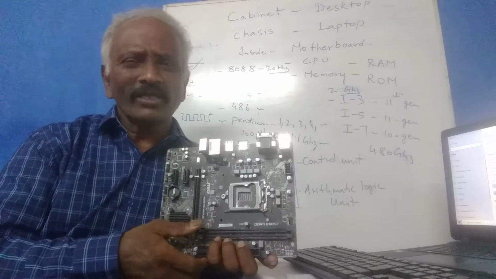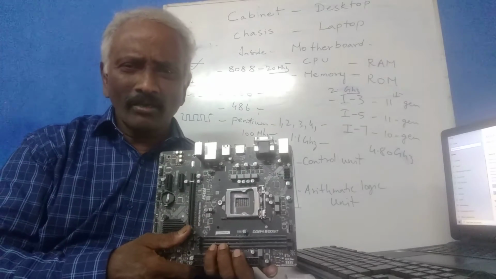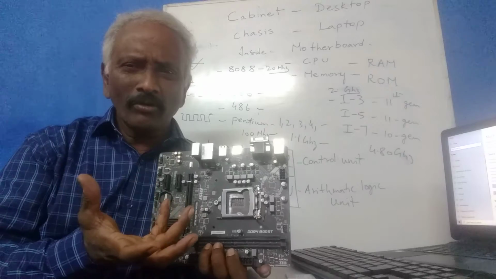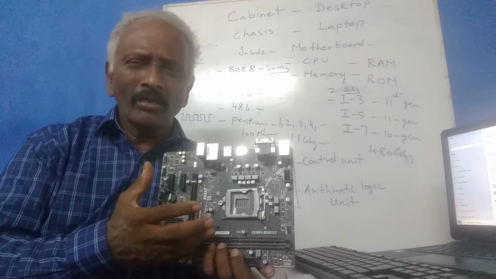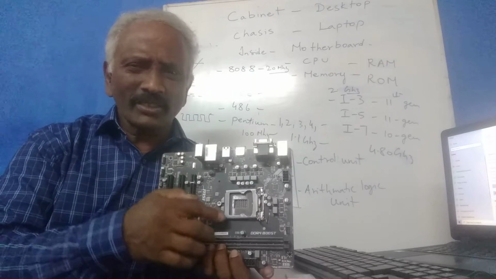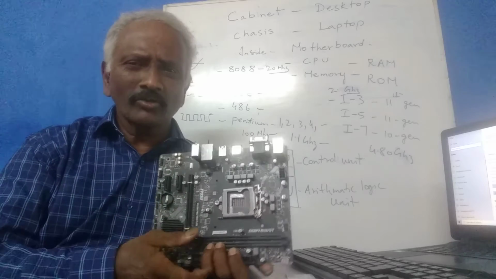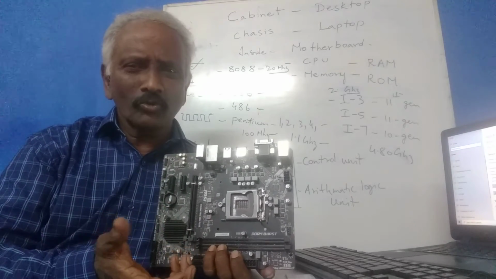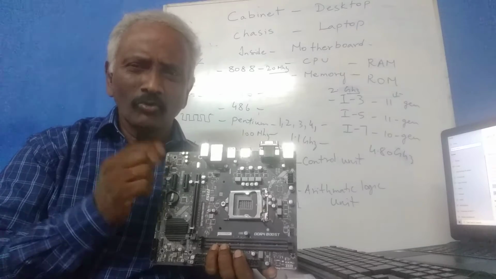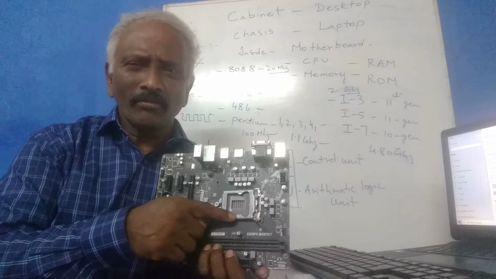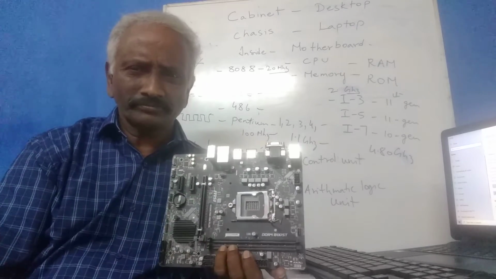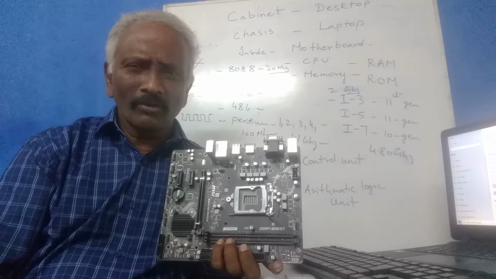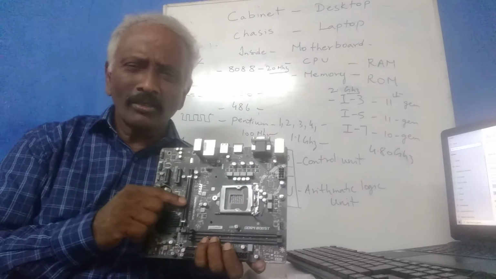So he will say, fine, yes sir, that's the best way. So you buy a board where at present you buy an i3 processor, but later on you want to upgrade to i5. It's well and good. You needn't buy a motherboard. You'll have to buy only the processor. Well, are you clear about it?